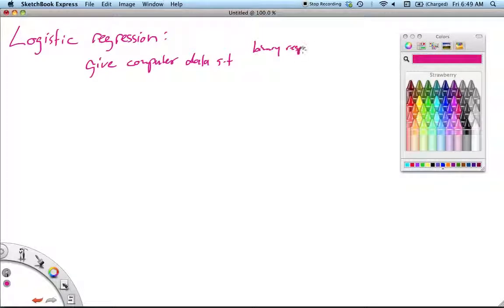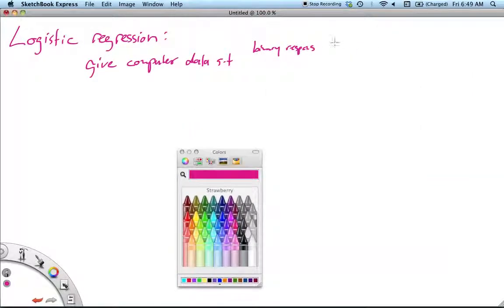With a binary response, we have a binary response, and the assumption is that the response is a linear function of the data.